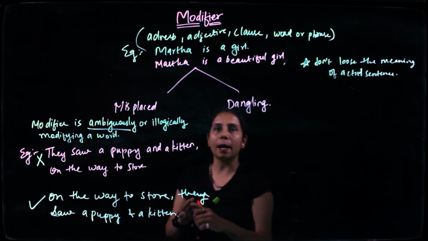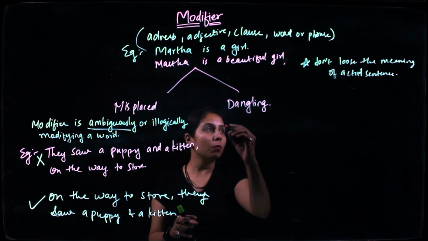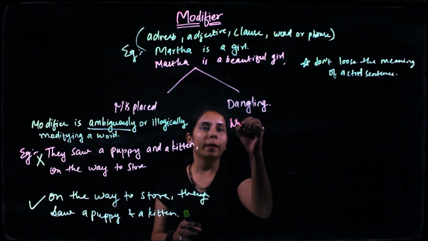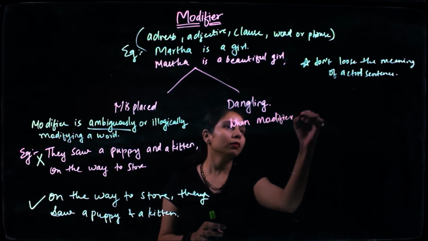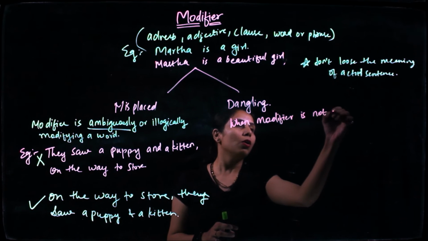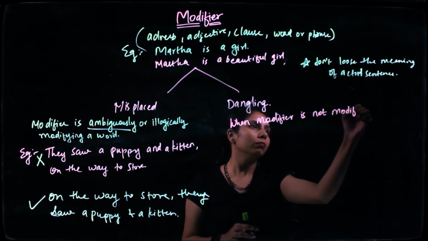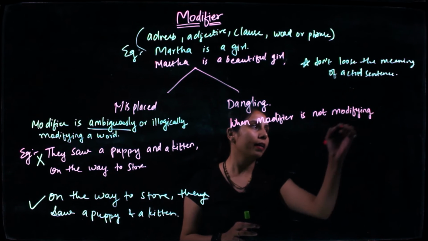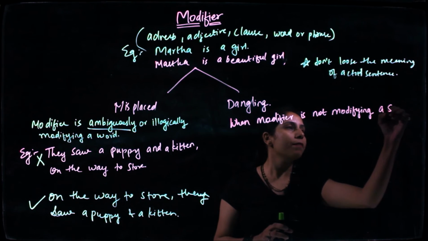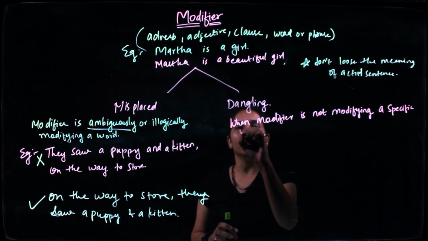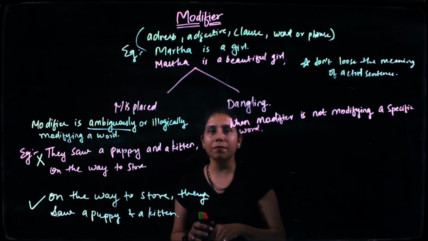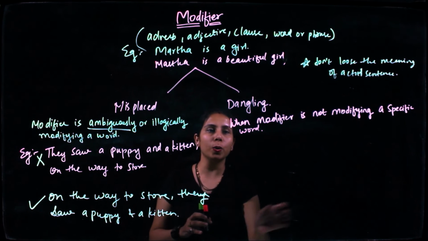Now let me give you an example of a dangling modifier. Now what is a dangling modifier? When the modifier is not modifying a specific word, it is not specifying the particular word, it is changing the whole sentence.